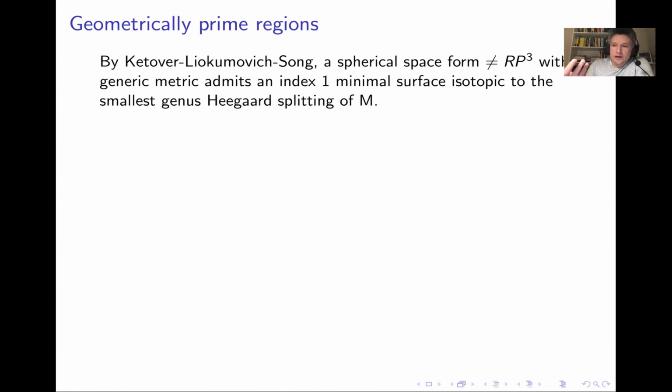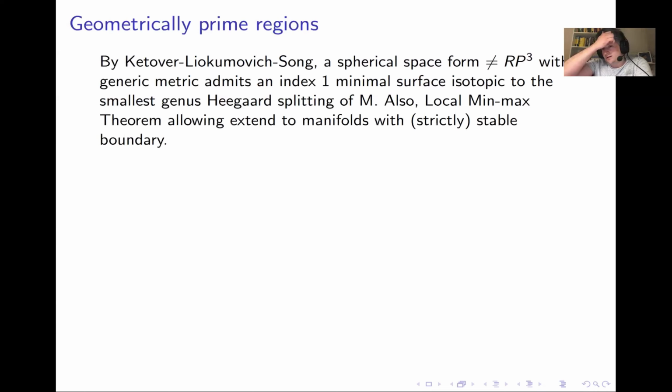And then what we have left should be spherical space forms with boundary components, which are these spheres. But this theory developed by Ketover, Liokumovich, and Song should tell us that there exists an index 1 minimal surface isotopic to the Heegaard splitting of that spherical space form. And spherical space forms have Heegaard splittings with genus at most 2.